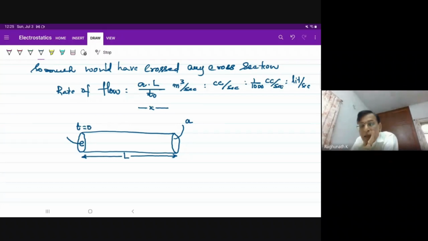Suppose one specific electron which is entering the conductor at t equals 0 comes out of the conductor, the same electron.